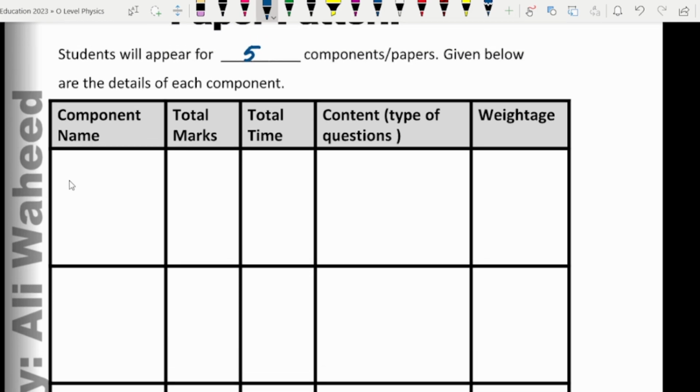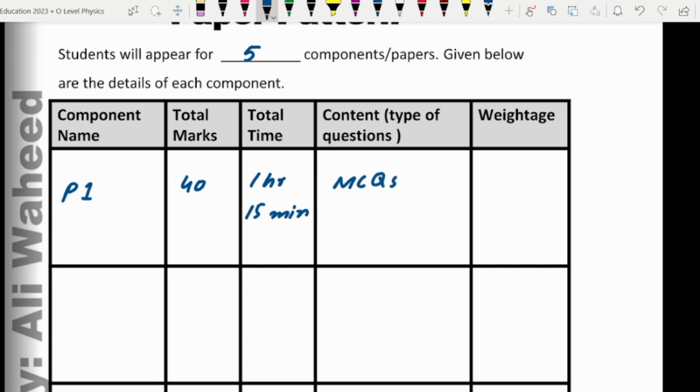The first component that we call paper 1, just like you have in O levels, consists of the same marks, 40 marks, but the total time is different. You have 1 hour and 15 minutes for this one. The paper is of MCQs.